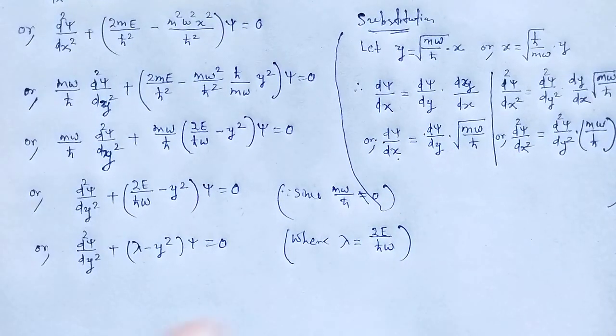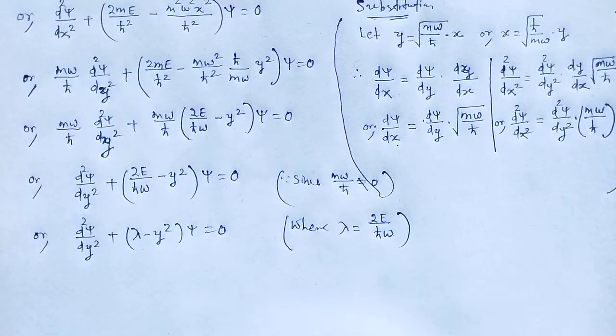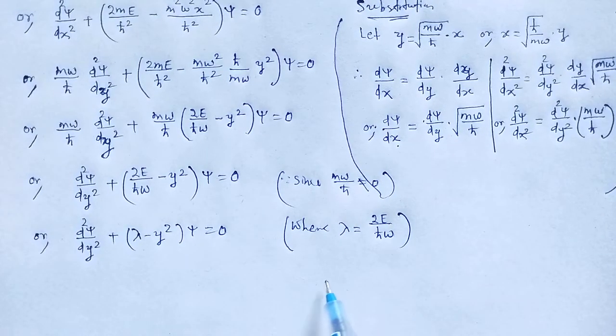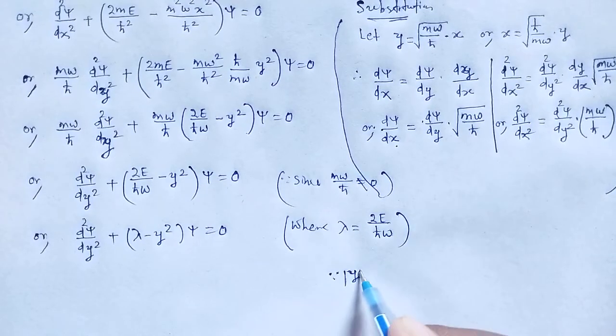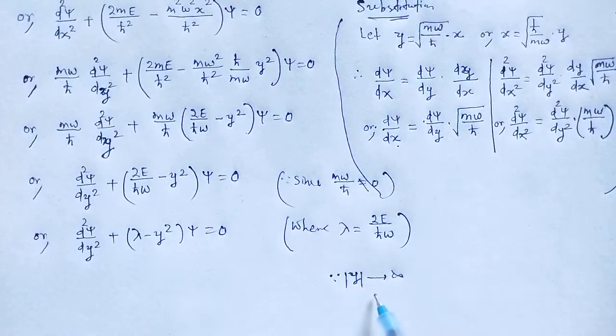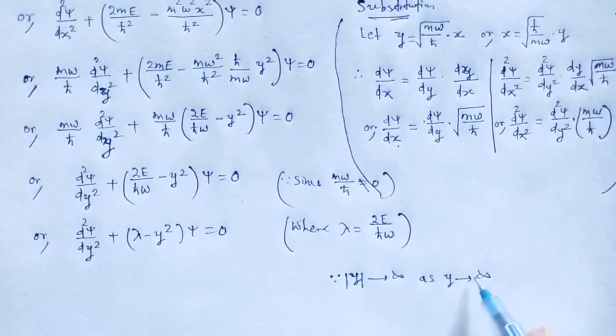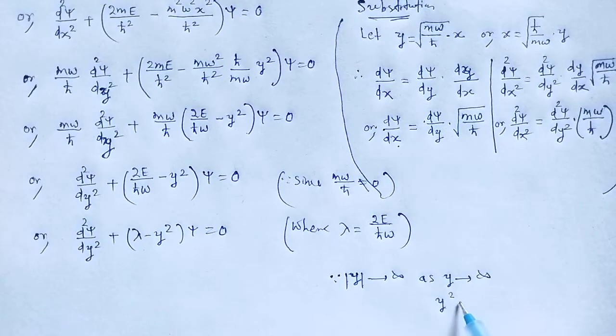Before getting the complete solution, we can analyze the behavior in the asymptotic region, meaning the magnitude of y tends to infinity. As y tends to infinity, y square is very much greater than lambda.